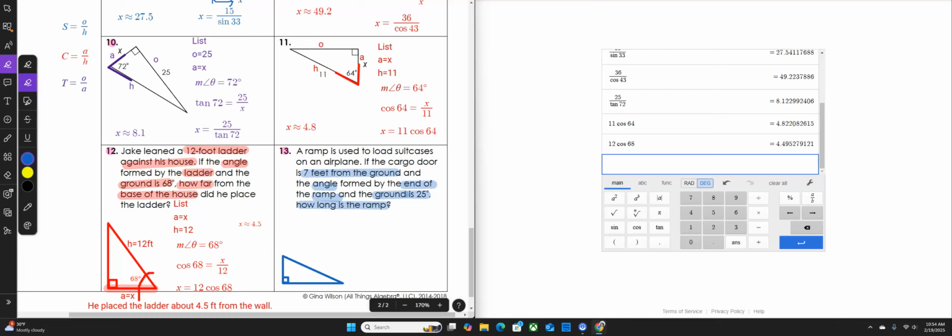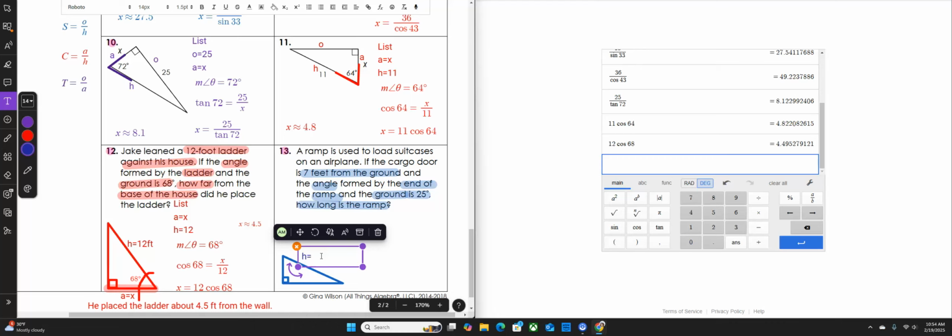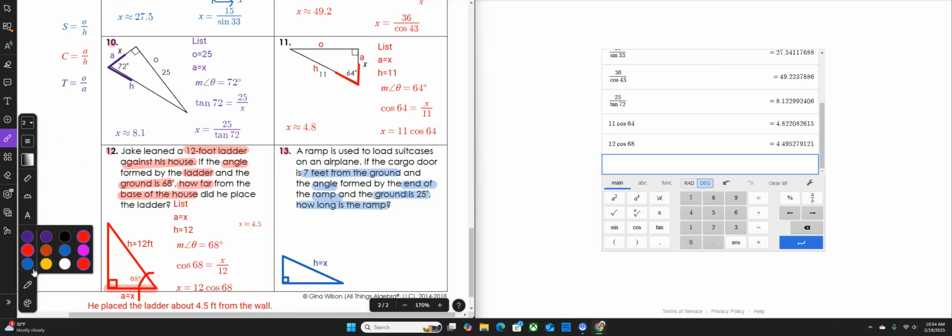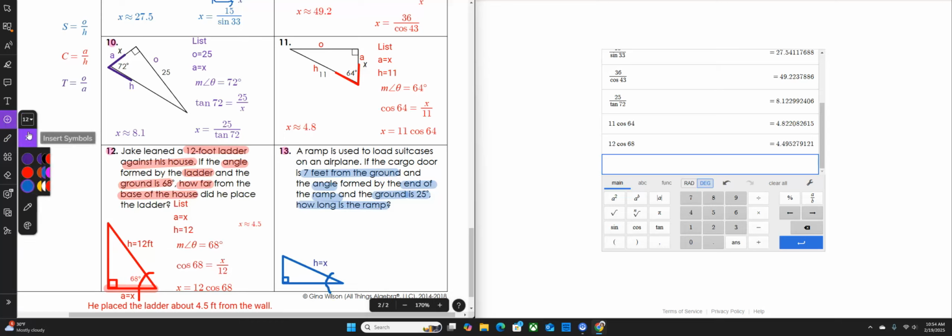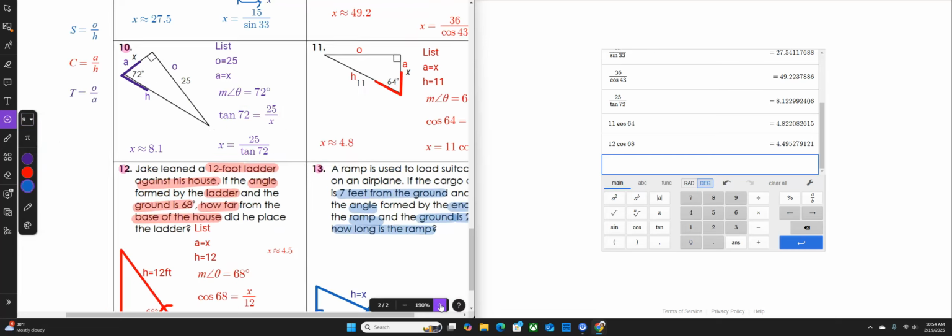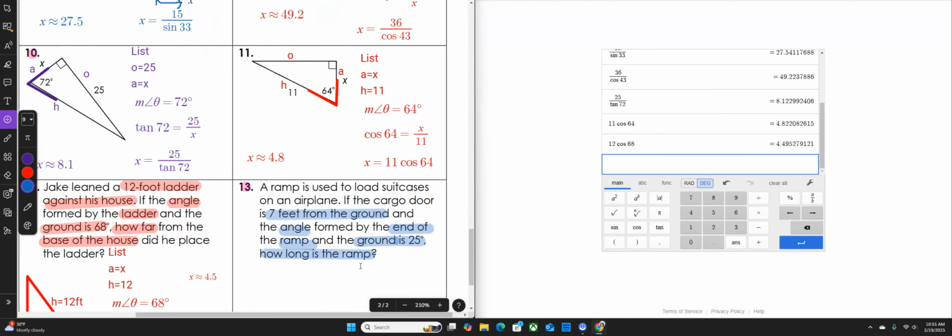That's the important information. So again, we know our ramp is going to be our hypotenuse. Like I said, ramps are hypotenuses. It's going to be unknown. The angle we're focusing on is the one between the ramp and the ground. So that's this angle here. I'm going to make it a bigger image.